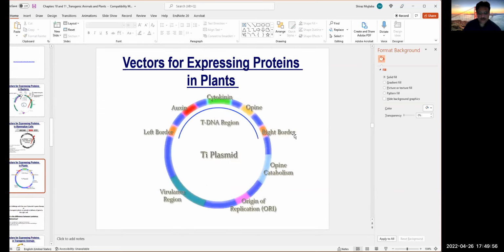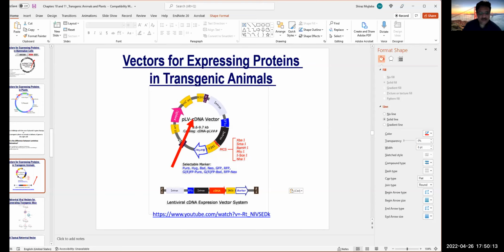So again, I might have mentioned this in the earlier class. One of the vectors that is used to create transgenic animals is a retrovirus. A retrovirus is a virus that has RNA. It is an RNA virus, and it can easily integrate into human DNA.